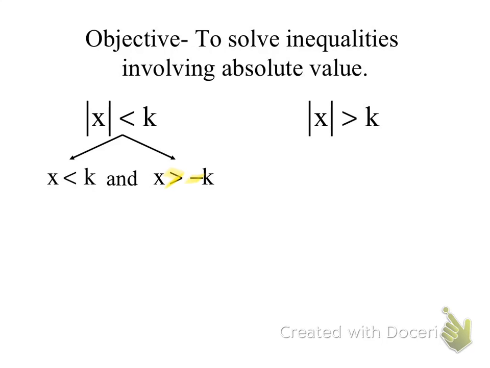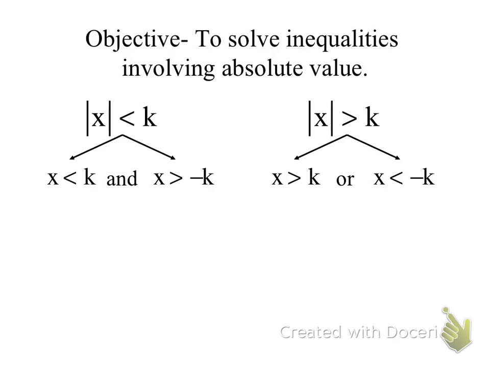Okay. Same thing's going to happen here. X is greater than k, but because I'm in an or statement, now please make sure you're writing this exactly. Or goes with the greater than sign, and is with the less than. X is less than negative k.